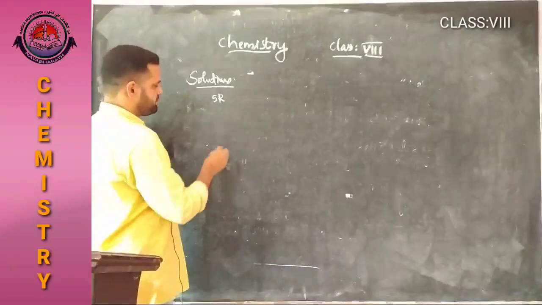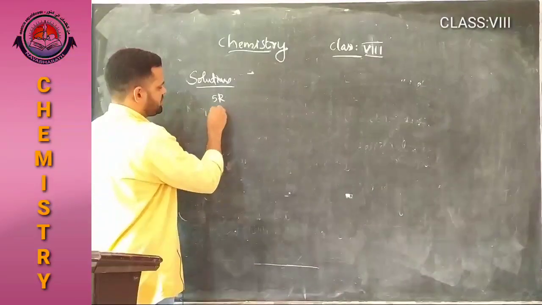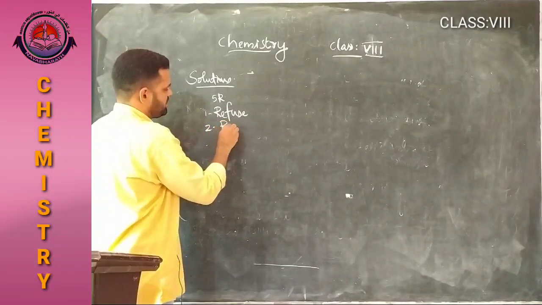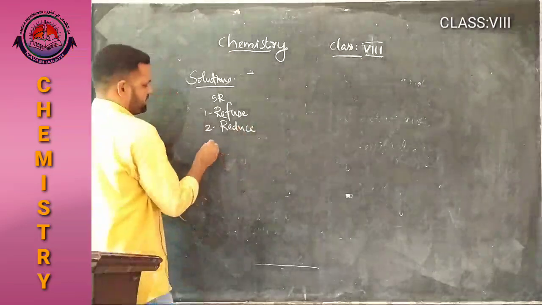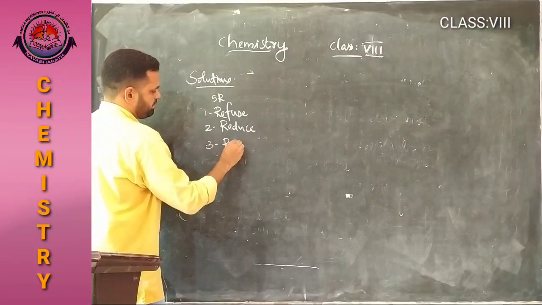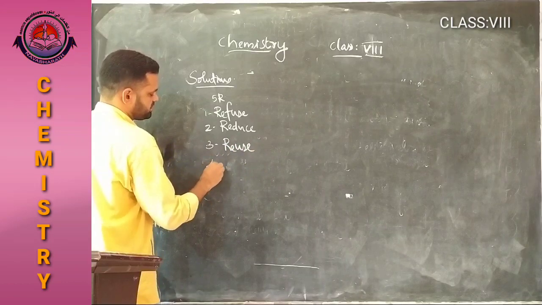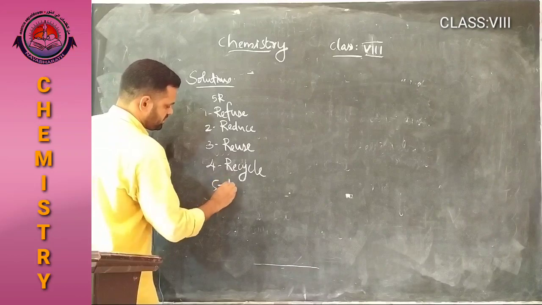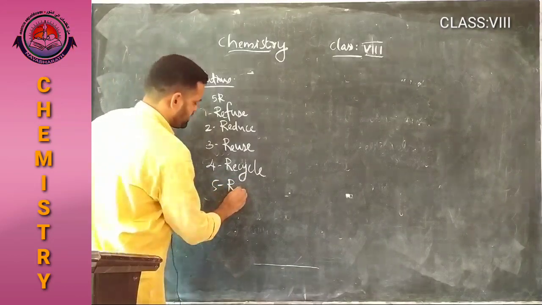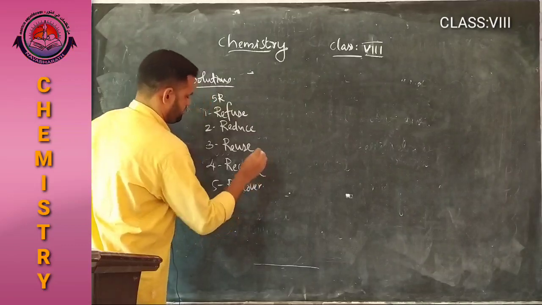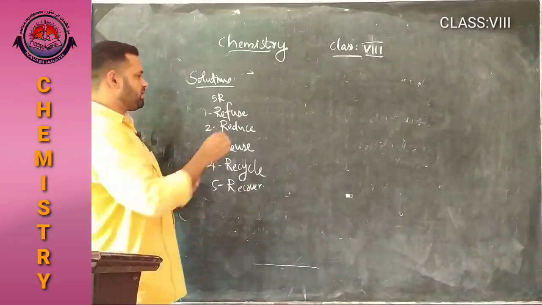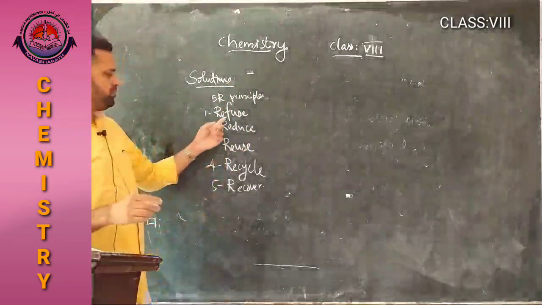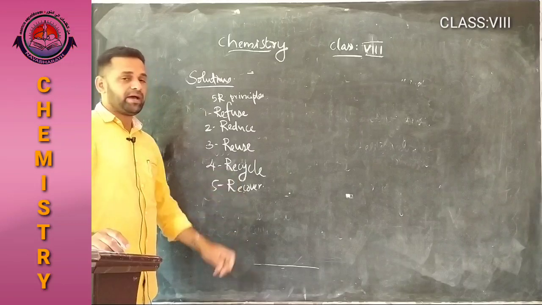The first one is refuse, the second one is reduce, the third one is reuse, the fourth one is recycle, and the fifth one is recover. These are the 5R principles: refuse, reduce, reuse, recycle, and recover.